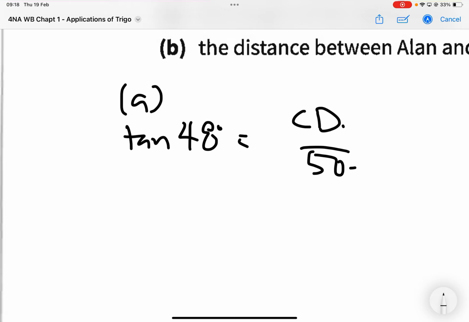To make CD the subject, I don't want CD to be over 50. So I multiply 50 to both sides. The 50 that I multiply here will cancel away. The 50 that I multiply to the left will become multiplication. 50 times tangent 48 is equal to CD.